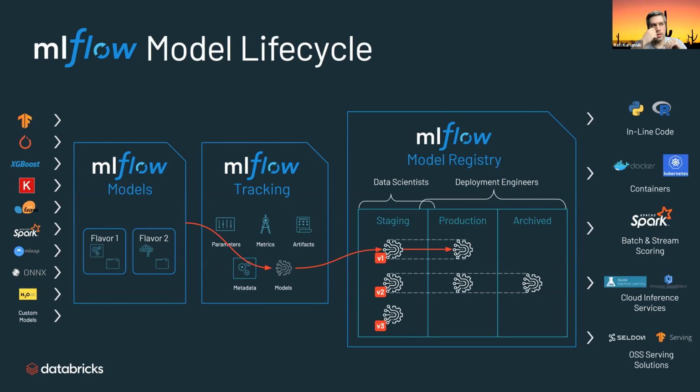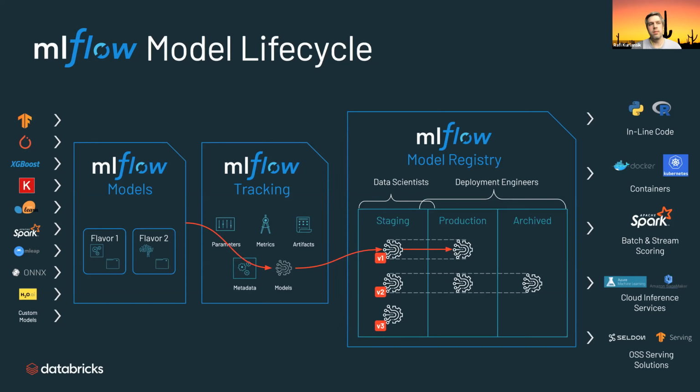And then you can promote them from the tracking server to the model registry, and this is where your handoff between data scientists and deployment engineers starts to take place. This is where you can access them for scoring data either in batch or loading them into a stream with Spark structured streaming.